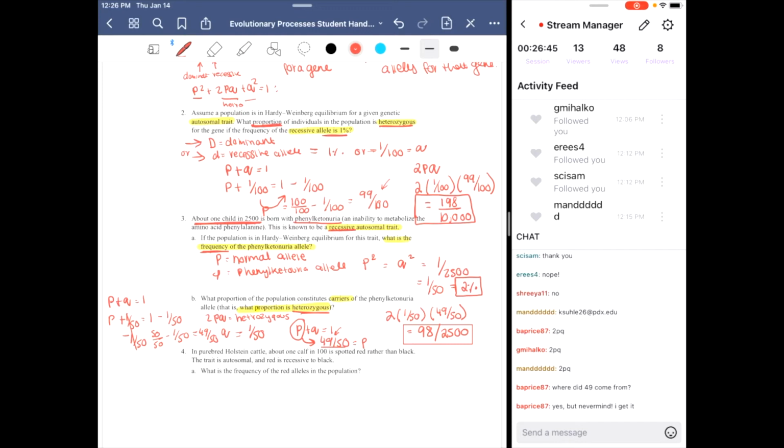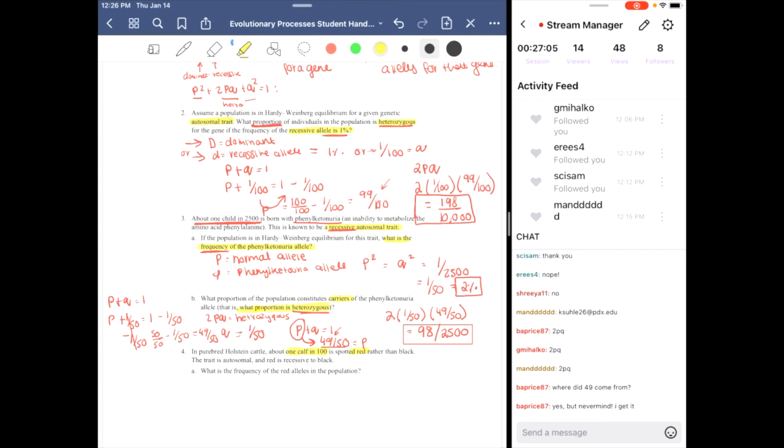All right, let's look at question 4. In a purebred Holstein cattle, about 1 calf in 100 is spotted red rather than black. So it's giving us some important information here, 1 in 100 with the red.